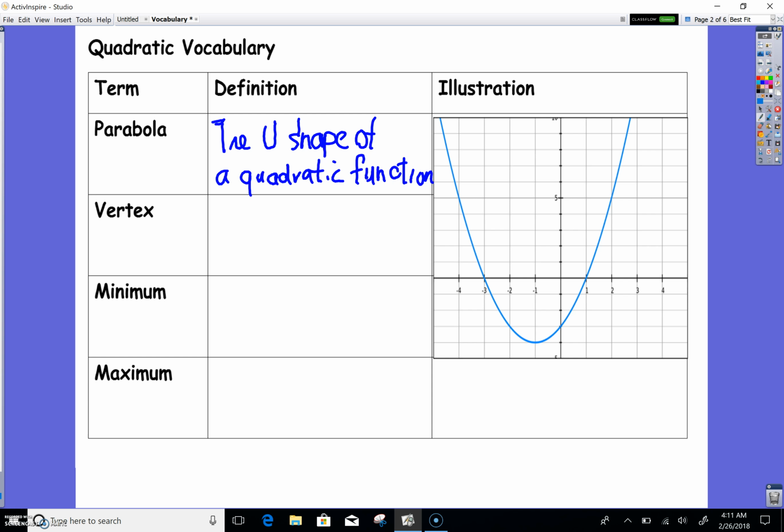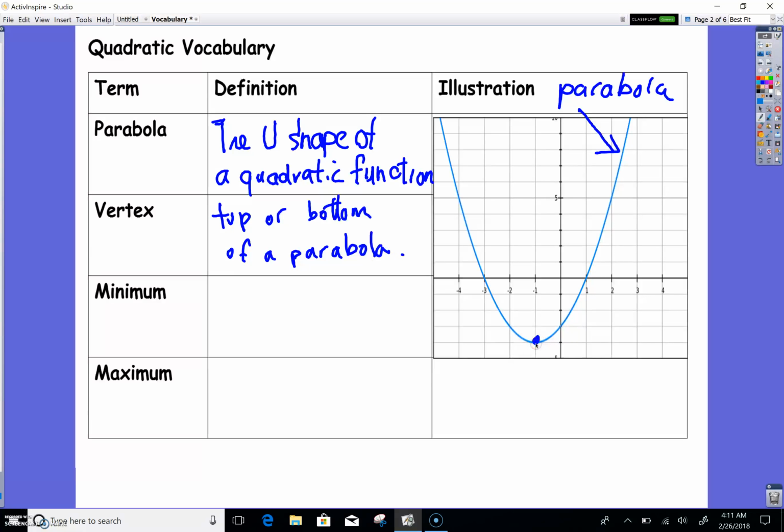So this right here is my example of a parabola, because it's a U shape. The vertex is either the top or bottom of a parabola. That's my vertex there.